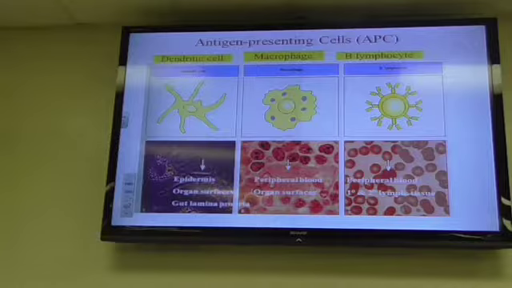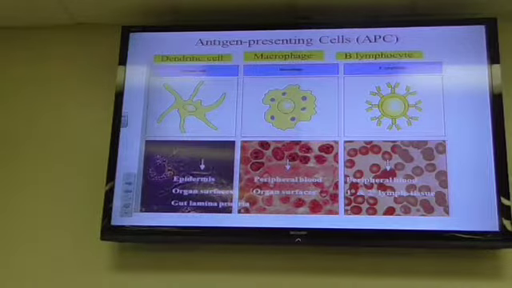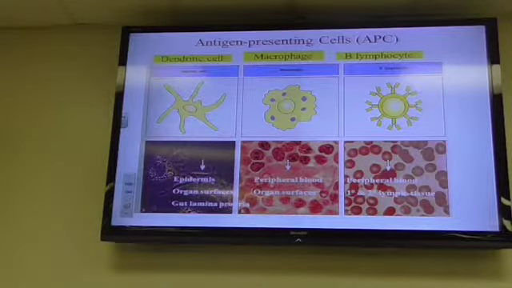Okay, last class we were talking about dendritic cells. Dendritic cells are one of the antigen-presenting cells. But coming here, you see all the three cells that we call antigen-presenting cells.